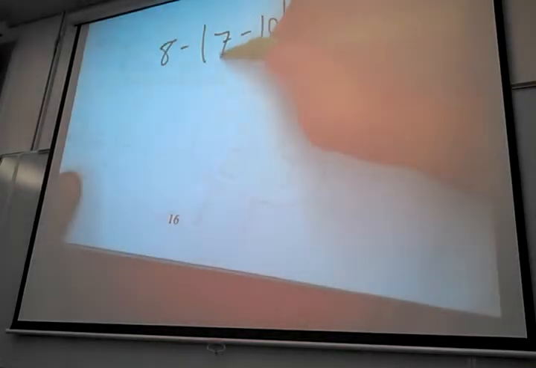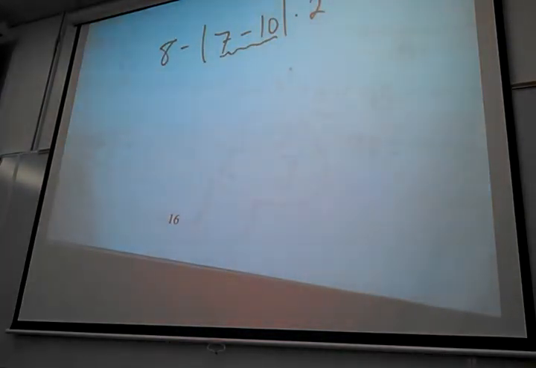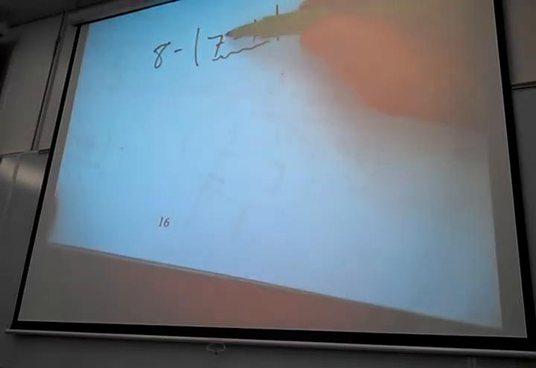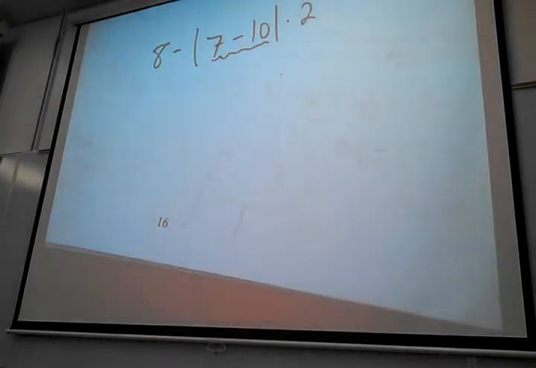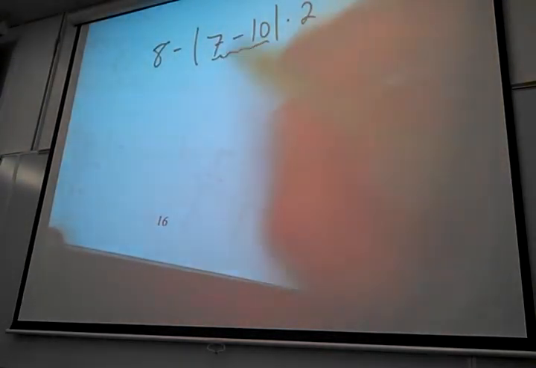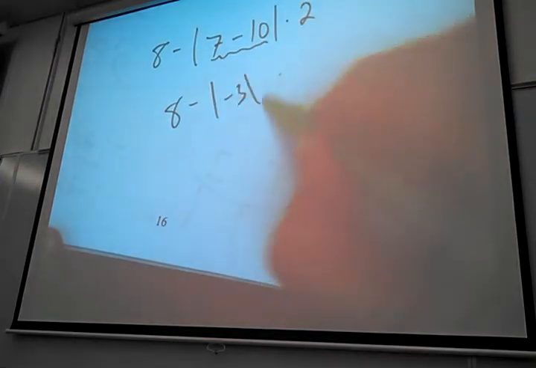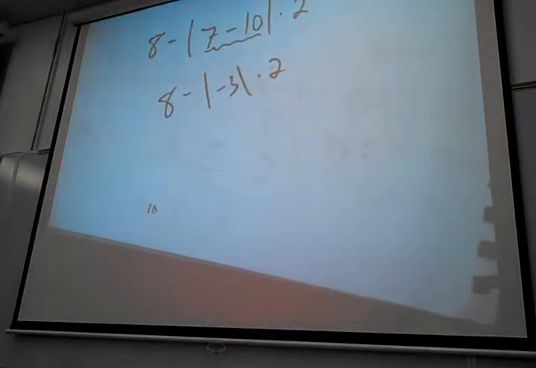So you have to do inside here first. Be careful. You can't say the absolute value of 7 minus 10 is 7 plus 10. That doesn't make any sense. I apply the absolute value to the number that's inside it, and I don't know what number's inside it yet because I haven't figured it out yet. So what is 7 minus 10? Negative 3. I haven't done the absolute value yet.